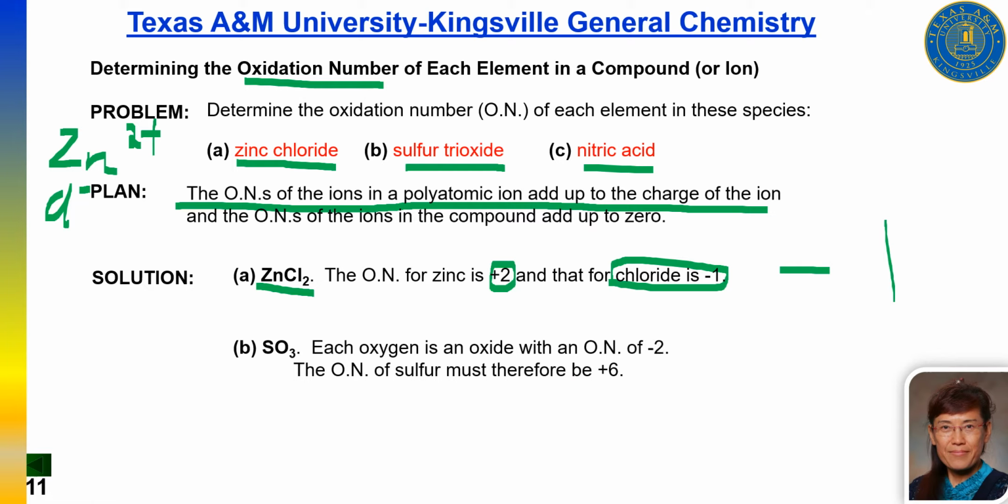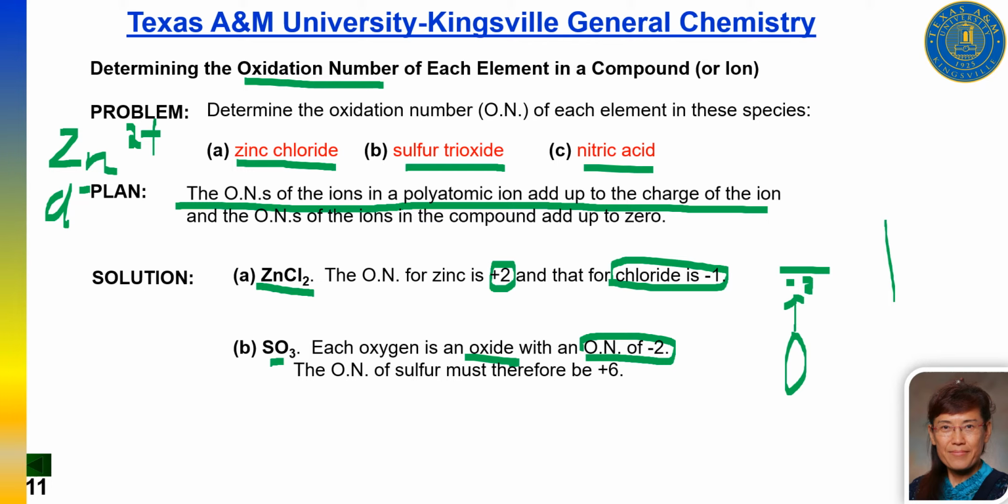Sulfur trioxide: if we don't specify the oxygen, you consider it as oxide. Sulfur trioxide is already telling you the oxygen is oxide. If the oxygen is oxide, it has an oxidation number of -2.